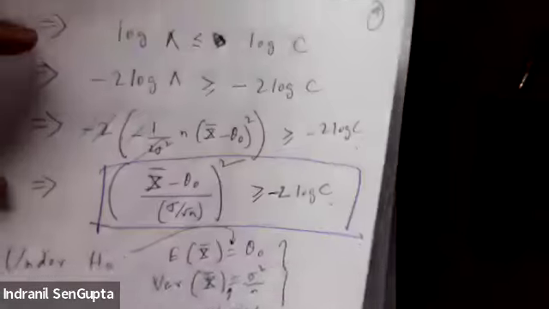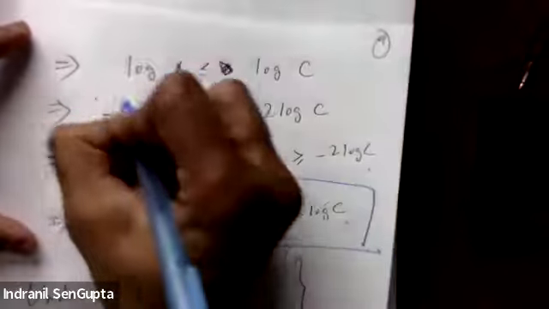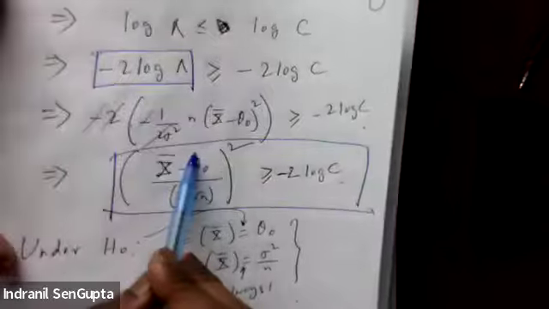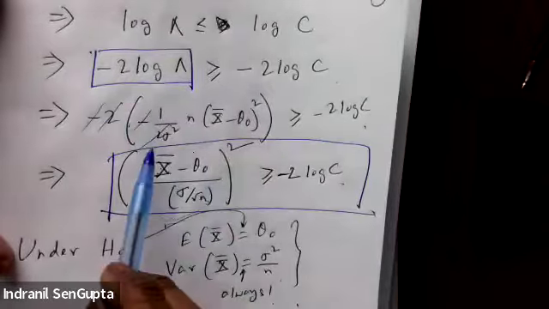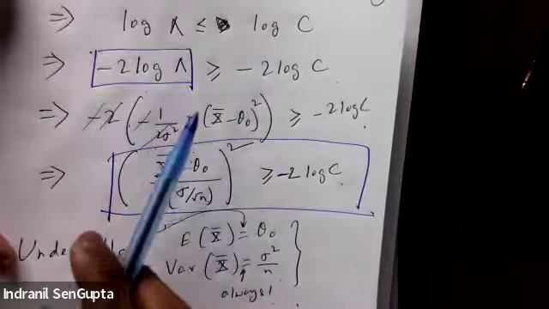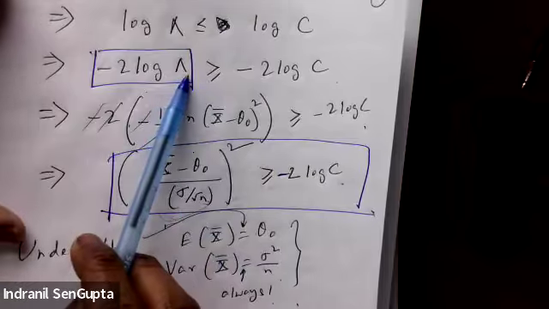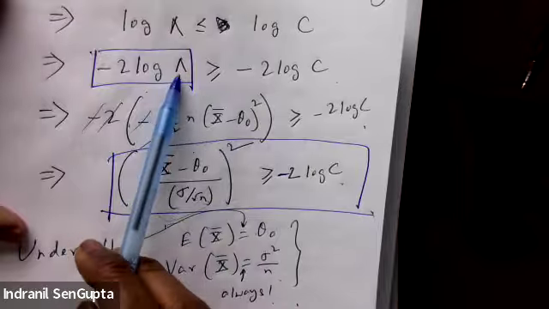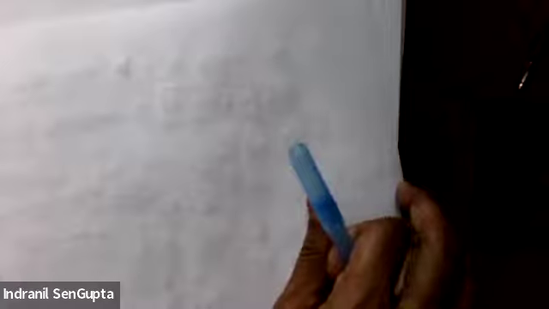You see this quantity, -2 log of lambda, it has a special significance. In this case, it's already a chi-squared. But in many other cases, if the original distribution is not normal, then there is no reason why this should be a chi-square distribution. So what will happen in that case? I'll not prove the theorem, but I'll just write it.